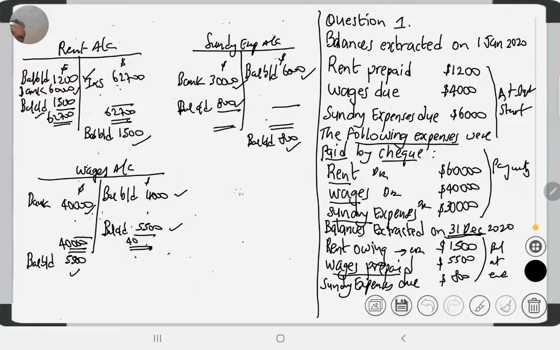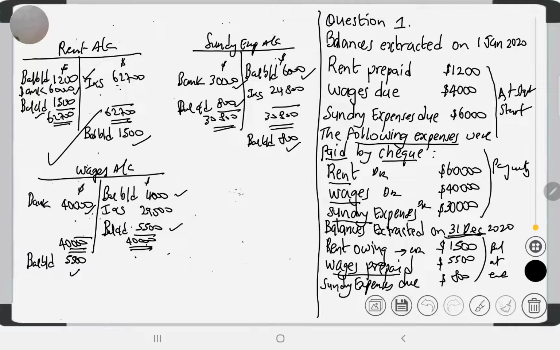We have 40,000 here, and then we have to deduct the balance. This will be transferred to the income statement, and here we have to close it, and this one we have to remove. This will give us the balance. This will be transferred to the income statement.